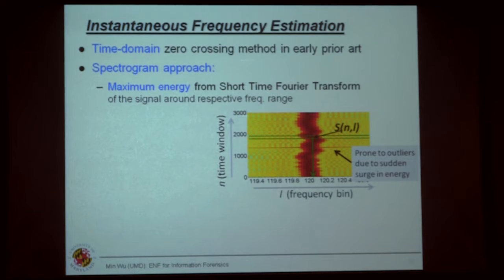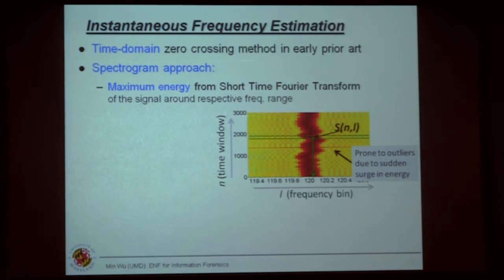It's a non-parametric spectrum estimation. We don't pre-assume any models, and we can take a short-time Fourier transform and look at the squared magnitude over each of these frames. To estimate the instantaneous frequency, we can look at the frequency range surrounding the nominal and see at which point we have the maximum energy.